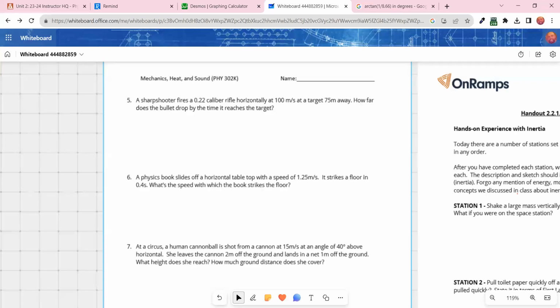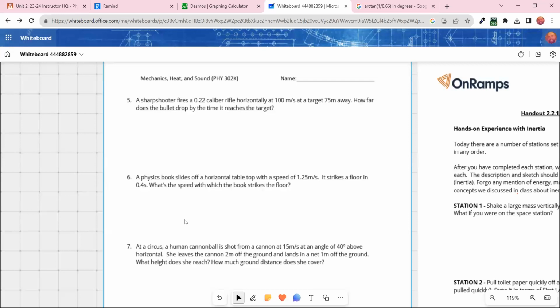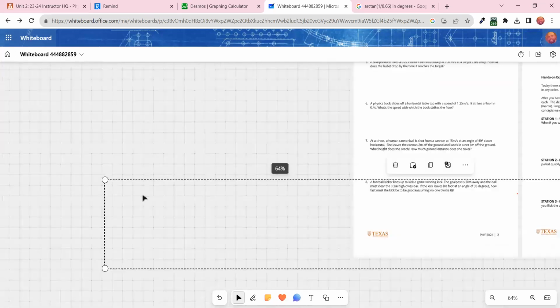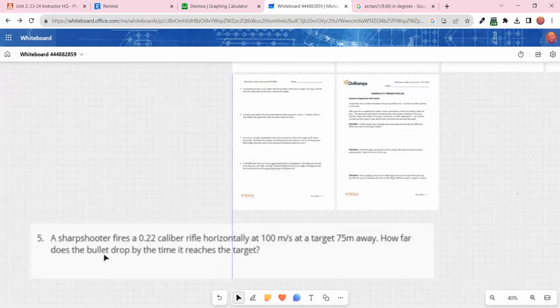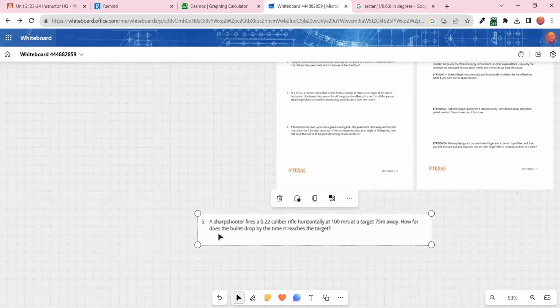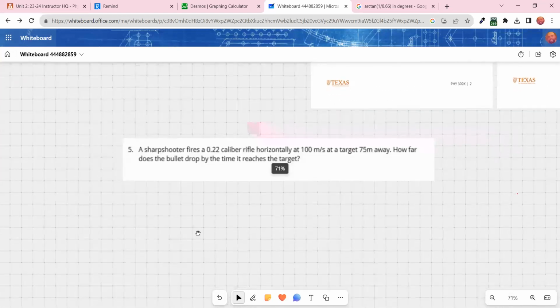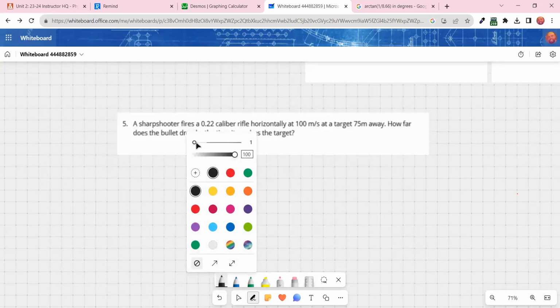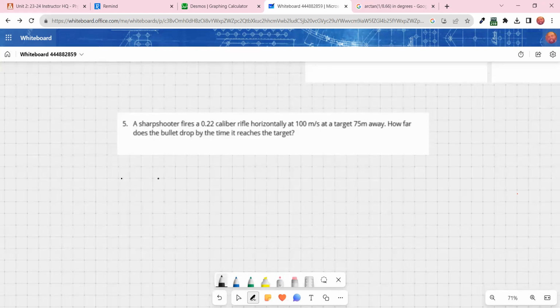In fact, I'll just do this real quick. All right, so we have a gun. Guy shooting a gun.